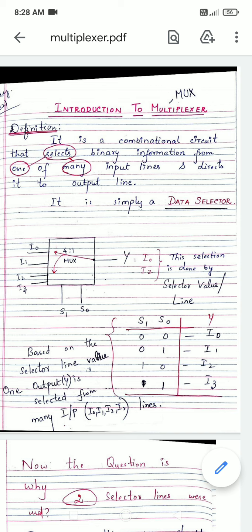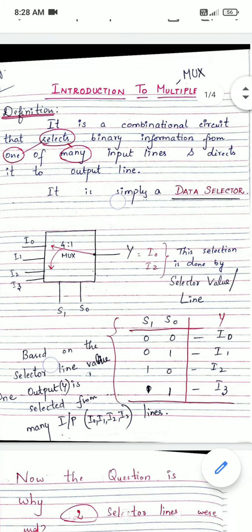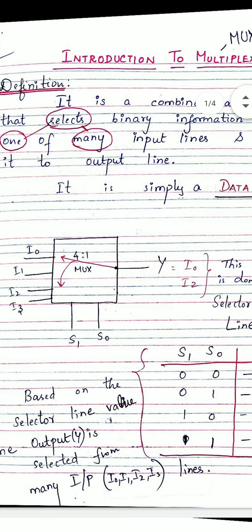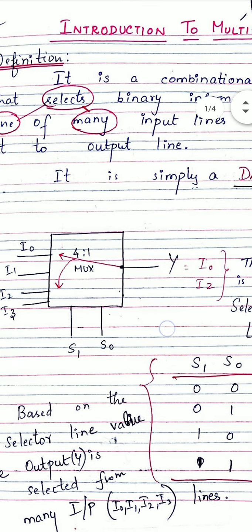This is what is called a multiplexer, and sometimes it is simply called a mux. Now again come to this diagram. From the many input lines, it is selecting only one output line. This is what is represented in this diagram, and that's why it is called a multiplexer.